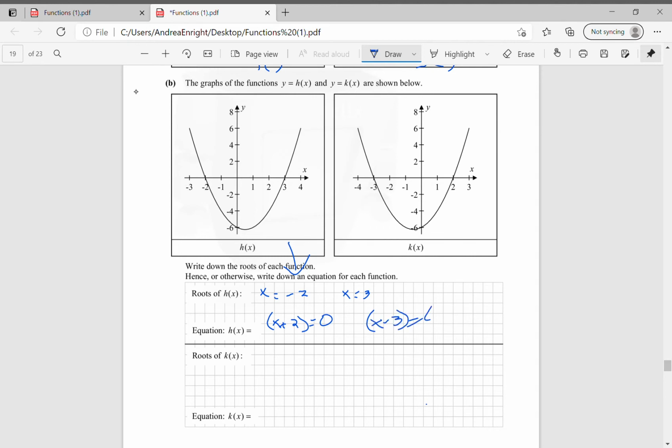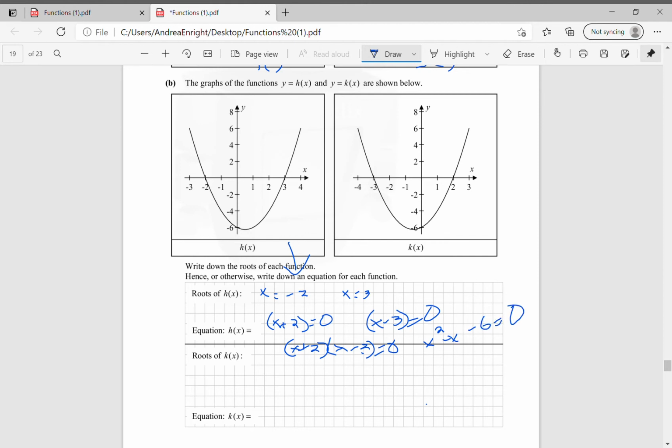So that was originally x plus 2 times x minus 3 equals 0. And you can multiply that out if you wish. You don't need to, but when you multiply it out and tidy it up, that'd be x squared minus x minus 6 equals 0.